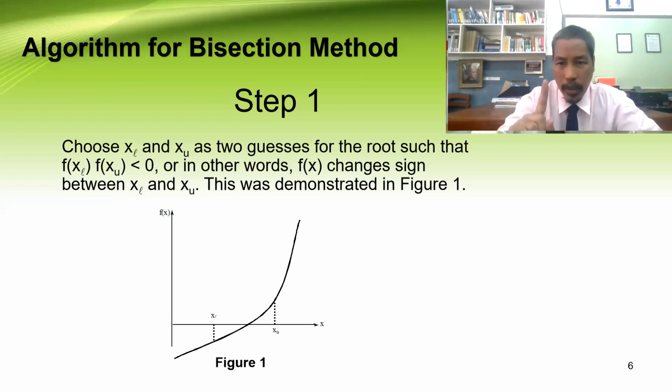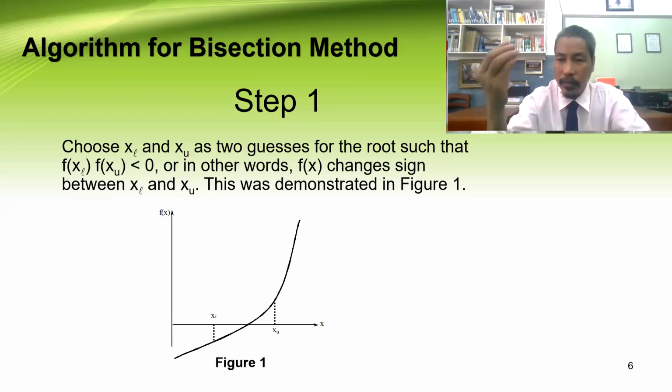If you guess one and evaluate the function and the function is positive, give another guess. If the function evaluated at that guess point is another positive, then don't use that. Try another value for x and substitute to the function and evaluate again.